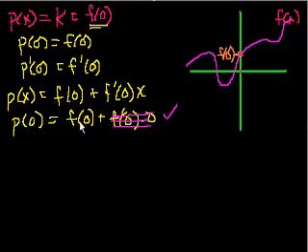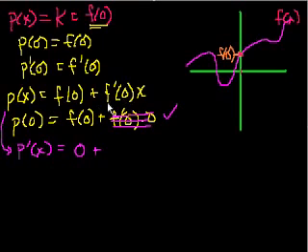At x is equal to 0, the two functions are equal to each other. Now let me confirm that their first derivatives are the same. So what's the first derivative of p? P prime of x is equal to, well, the derivative of a constant term is 0, plus, and what's the derivative of a first degree term? Well, it's just f prime of 0.